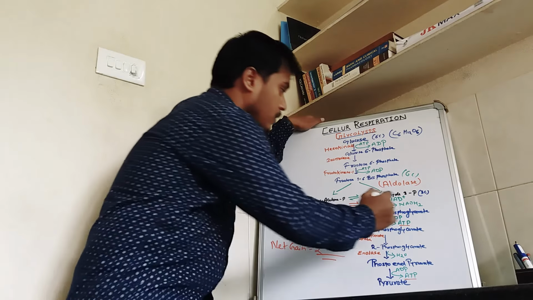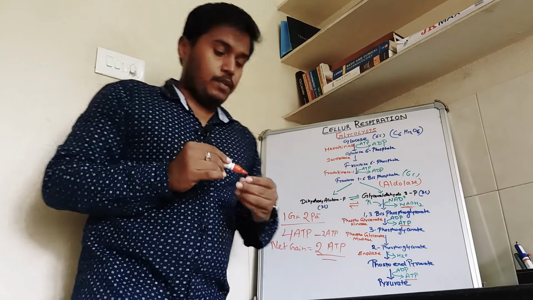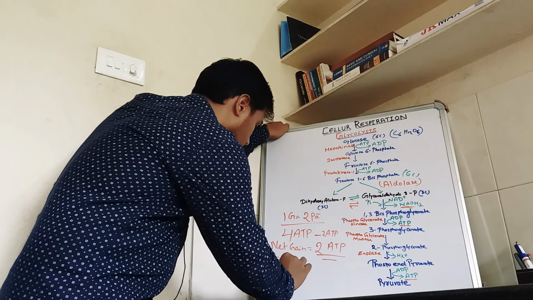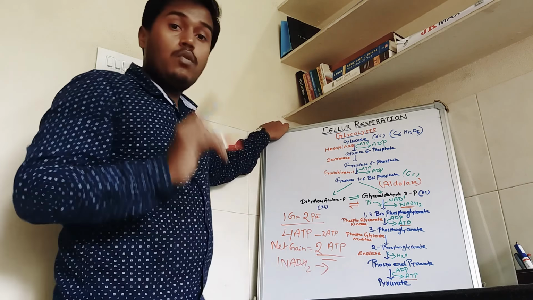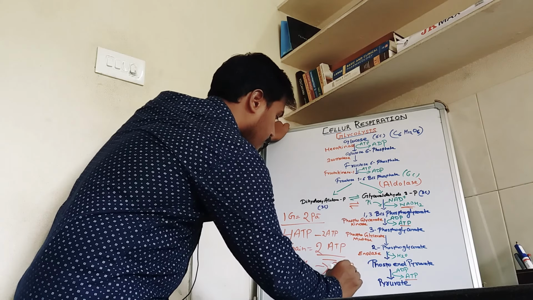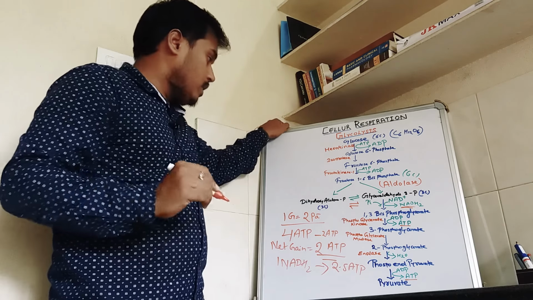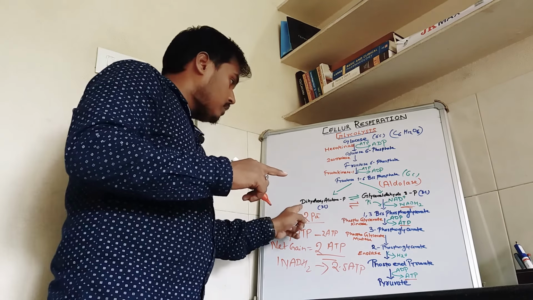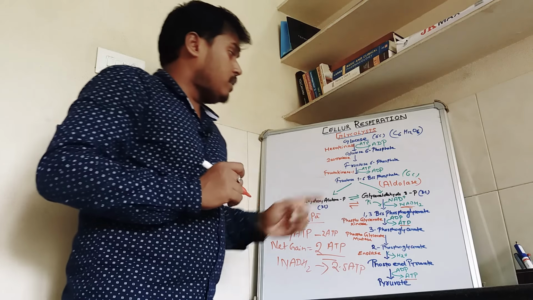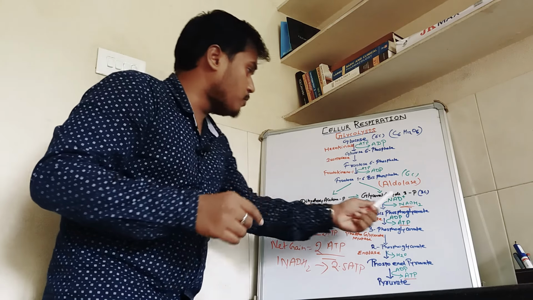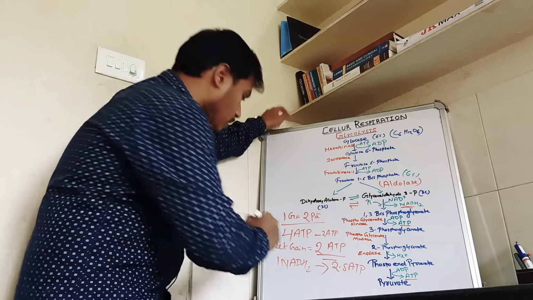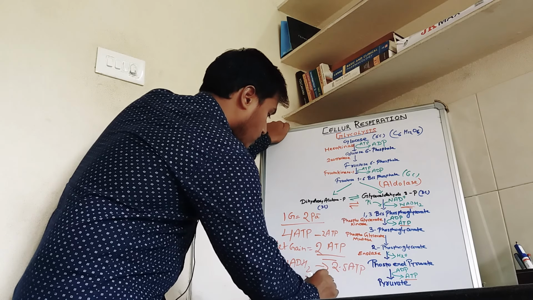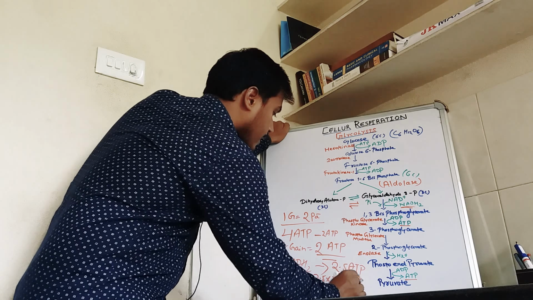Next, we didn't discuss NADH yet. Remember, one NADH will give 2.5 ATP. Here we will get 2 NADH, one from glyceraldehyde 3-phosphate and another from dihydroxyacetone phosphate converting to glyceraldehyde 3-phosphate, so a total of 2 NADH. 2 NADH, that is 2.5 into 2, we will get 5 ATP.